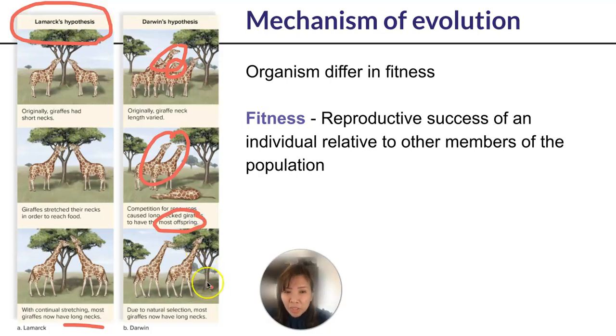It is the production of more offspring over time, once again emphasizing that adaptation takes many generations. Over time, due to natural selection, giraffes with longer necks are able to further survive, and so we end up with giraffes having longer necks because they're more fit to survive in that environment.